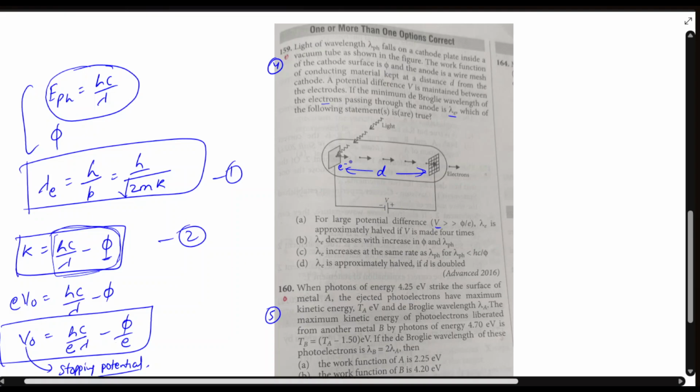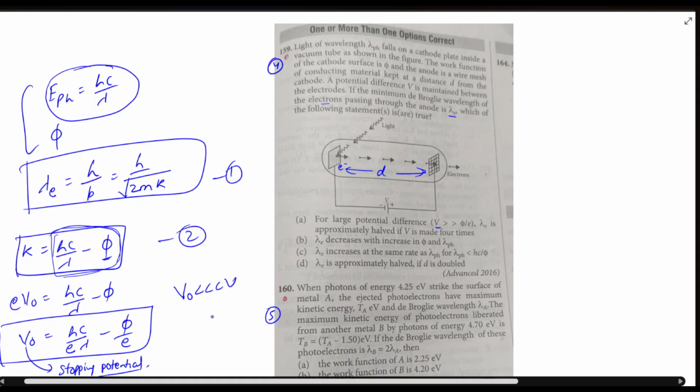And this V is attracting the electron. So as we see, V naught will be much less than V. So actually the total kinetic energy of the electron will be e into V itself.